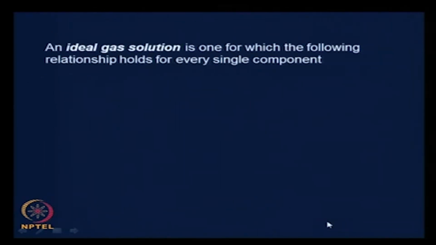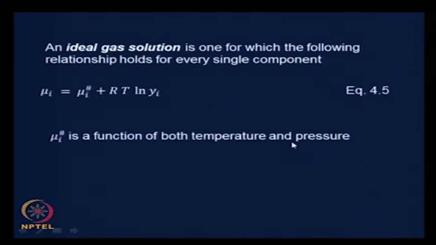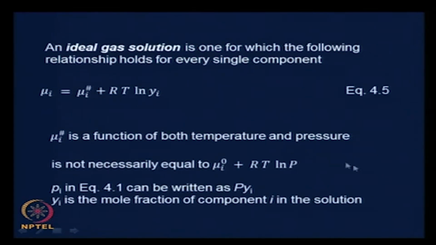And then this one is what we need to focus on. In the ideal gas solution, the formulation that we had used is mu i equals mu i hash plus RT ln yi. The important thing being that mu i hash is a function of both temperature and pressure, and here we have a convenient formulation in terms of the mole fraction. Mu i equals mu i hash plus RT ln yi, and this is for an ideal gas solution.